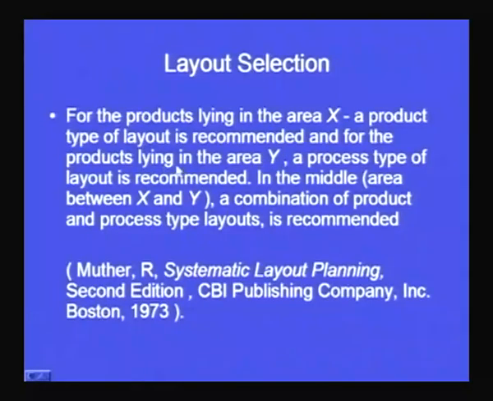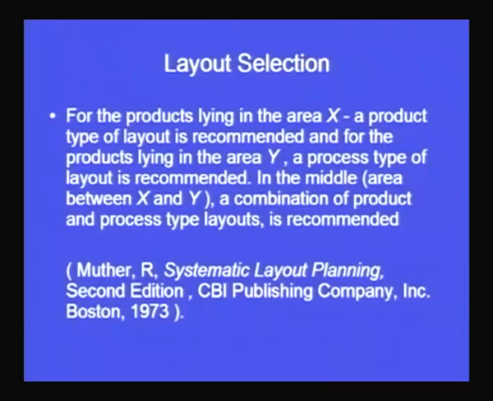And for the products lying in area Y, a process type of layout is recommended. So we can say wherever the volume is less but the variety is more, because in area Y there were 4 different types of products, a process type of layout is recommended. So in between area X and area Y, we have to make a decision on which type of layout should be chosen.